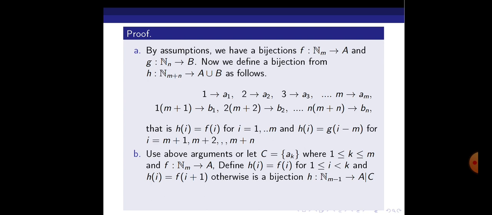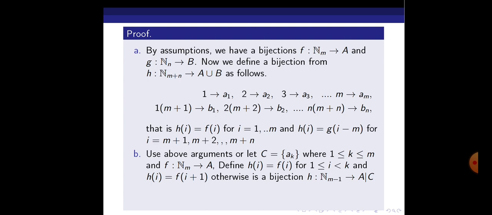That is, if we take the elements of A as A1, A2, etc., Am, and in between is A_K, H maps 1 onto A1, H maps 2 onto A2, etc. H maps K minus 1 onto A_K minus 1, and after the Kth stage, H maps K onto A_K plus 1, H maps K plus 1 onto A_K plus 2, etc. H maps m minus 1 onto Am.